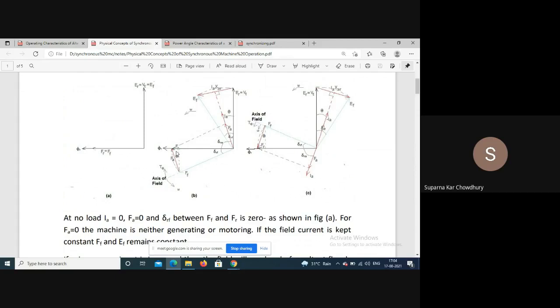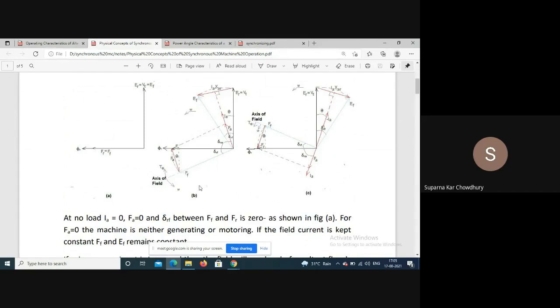If we now change the field excitation, let's see what happens. Say first consider the generator. We have a generator which is connected to the bus bar, so voltage and frequency are constant, and we have not changed the mechanical input, so the power output cannot change, but we have changed the excitation.